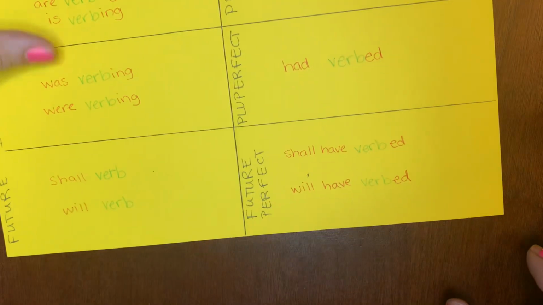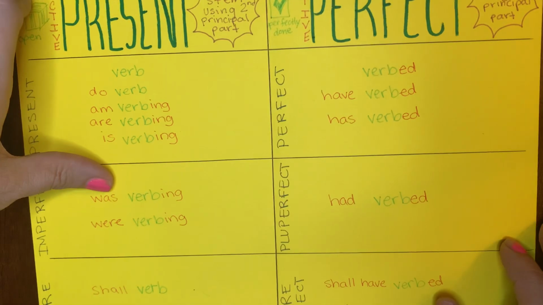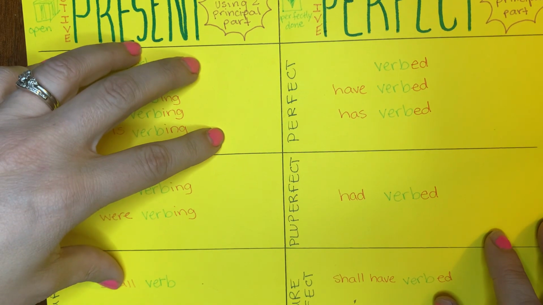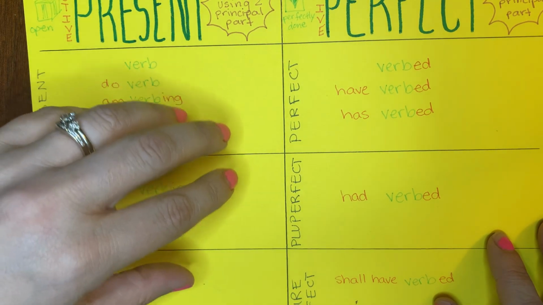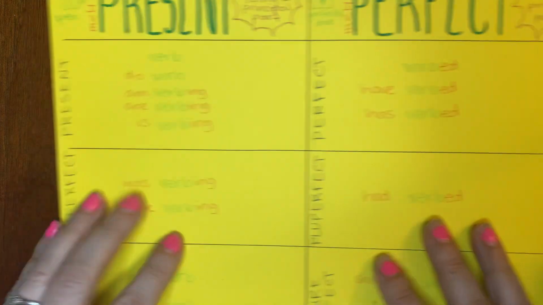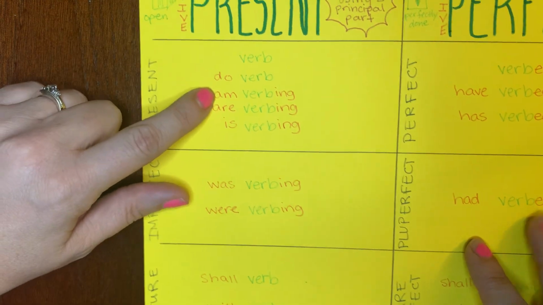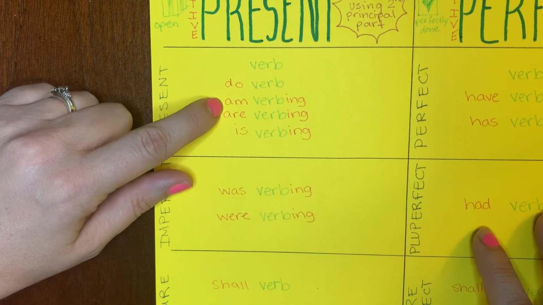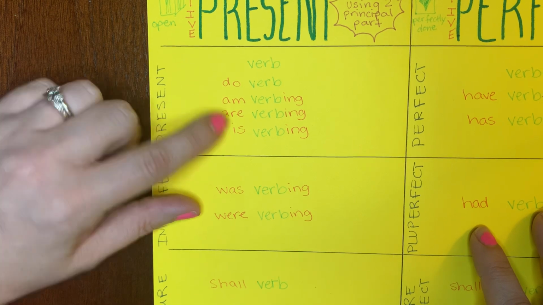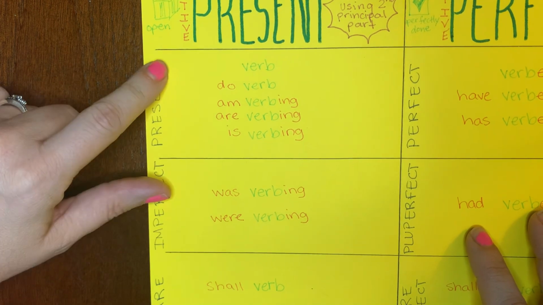So those are the ways that you can explain Latin tenses, because the tenses, even though they're a little different, like in English, am verbing is considered progressive. It's not in the same tense.